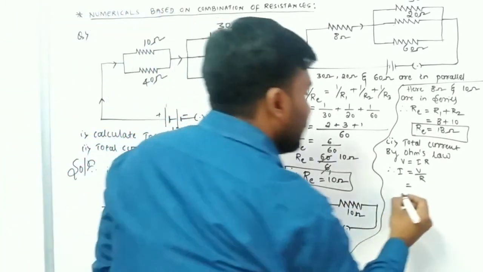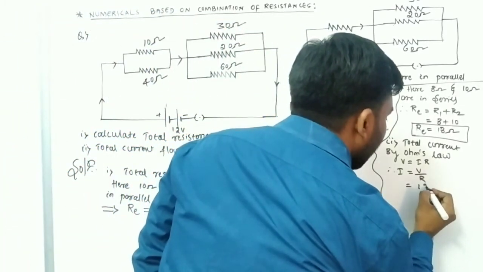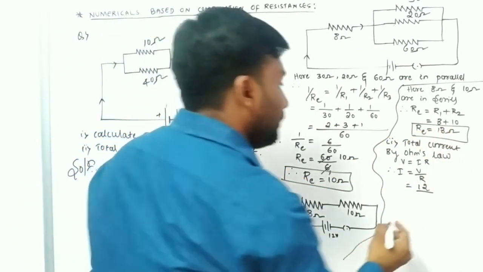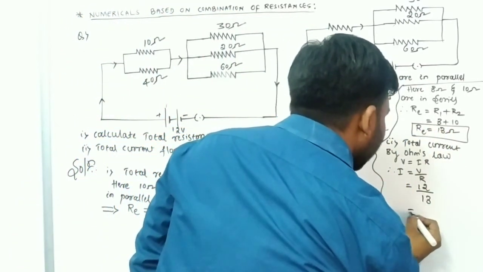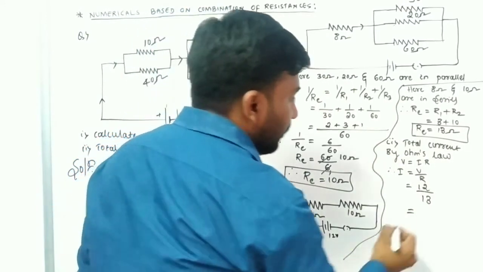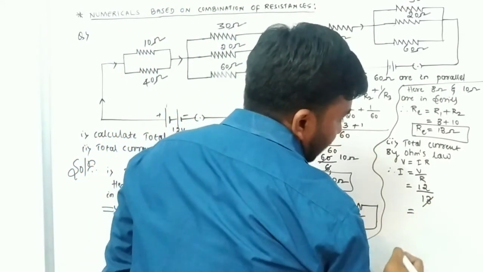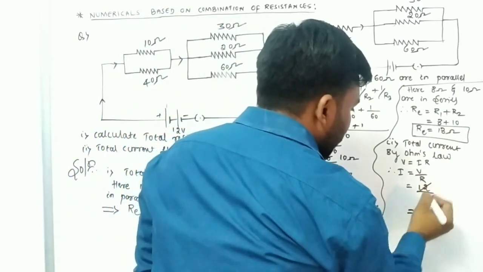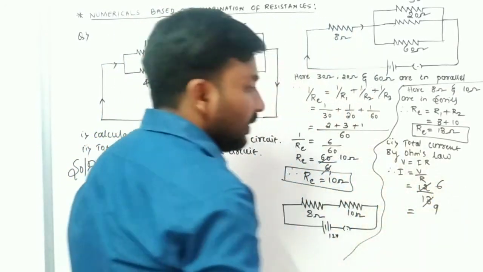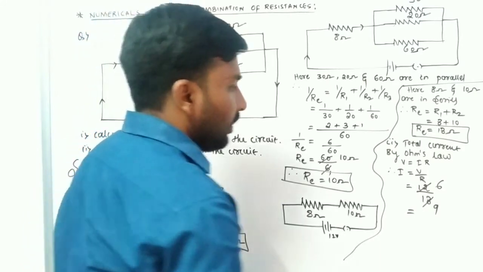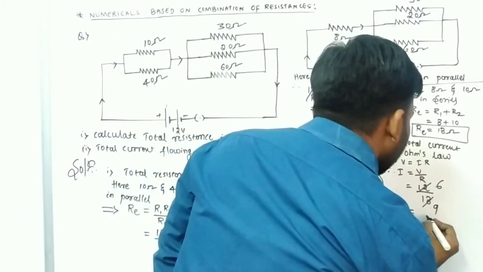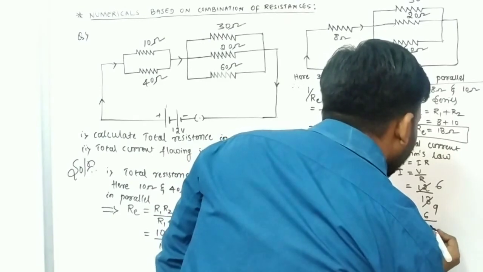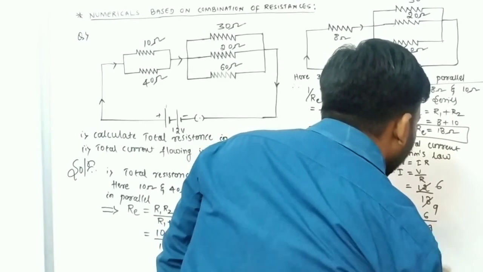It is 12. R is how much? It is 18. Okay. This is equal to, 2 nines are 18, 2 sixes are 12. This is equal to, I can write 6 divided by 9.